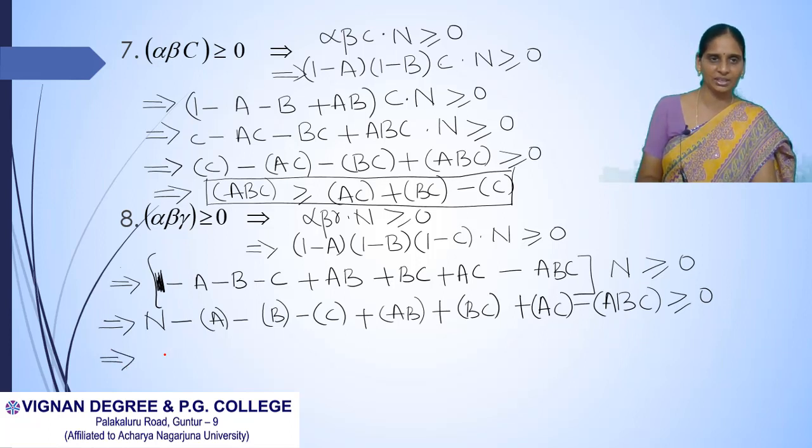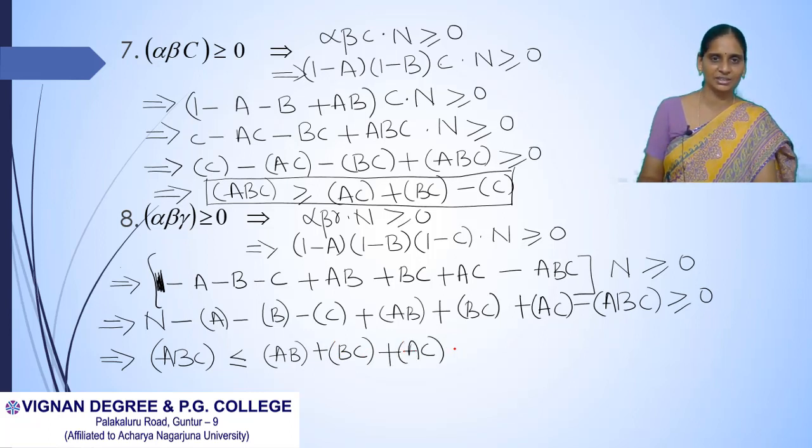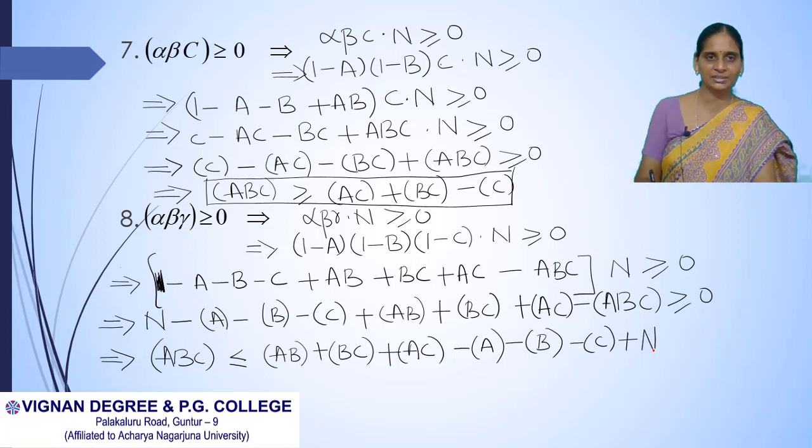And so this can be written as frequency of ABC is less than or equal to frequency of AB plus frequency of BC plus frequency of AC minus frequency of A minus frequency of B minus frequency of C plus capital N. So this is another consistency condition, that is frequency of alpha, beta, gamma is greater than or equal to 0.